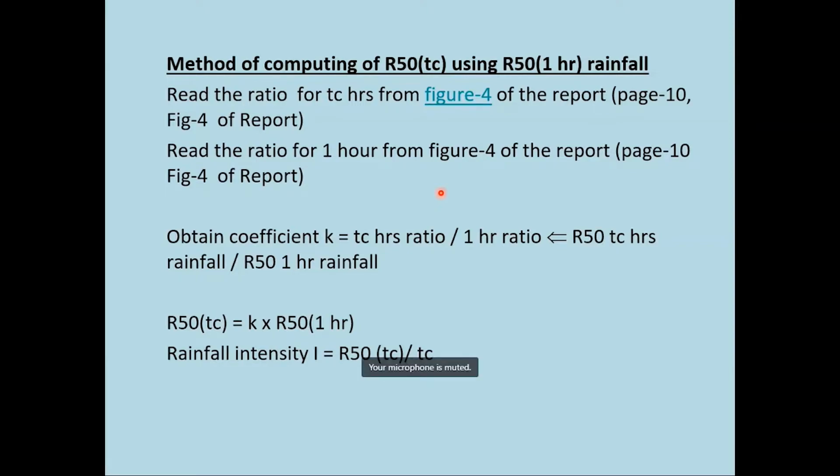So again, I will be explaining the intricate method which RBF 16 has used for using the 1 hour rainfall ratio. So read the ratio for TC hours from figure 4 of the report, page 10. This figure 4 is nothing but what I have already shown you. Then read the ratio for 1 hour from figure 4 of the report.